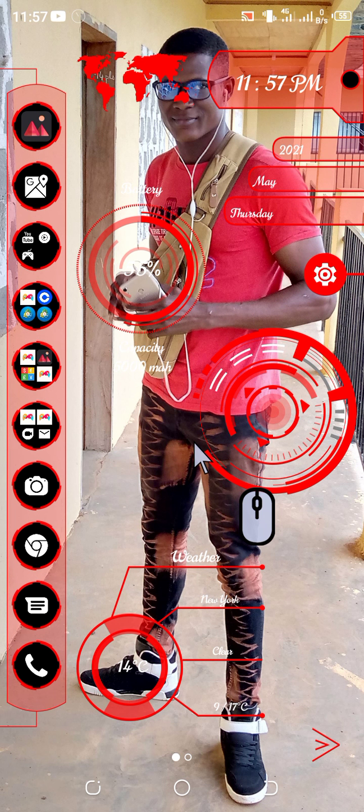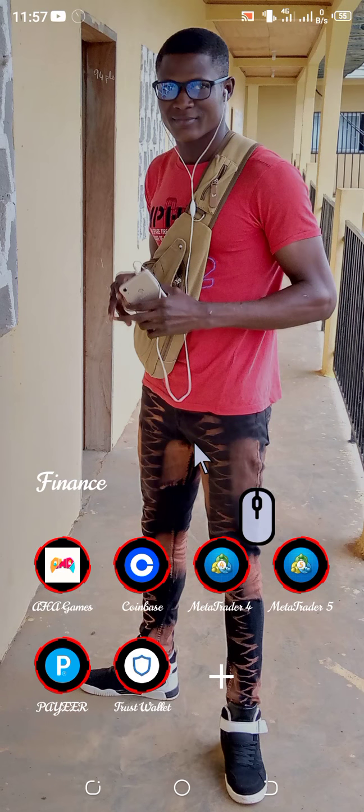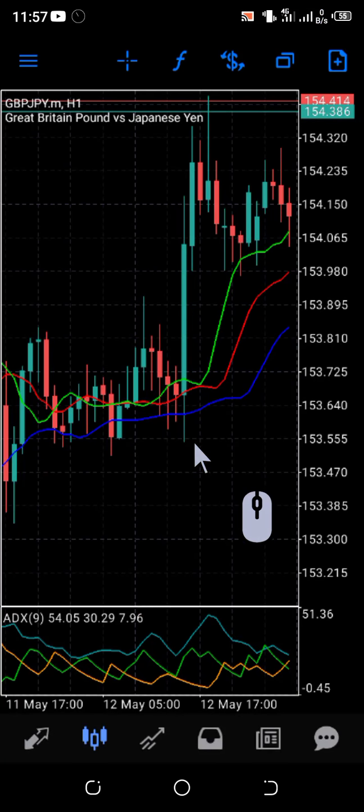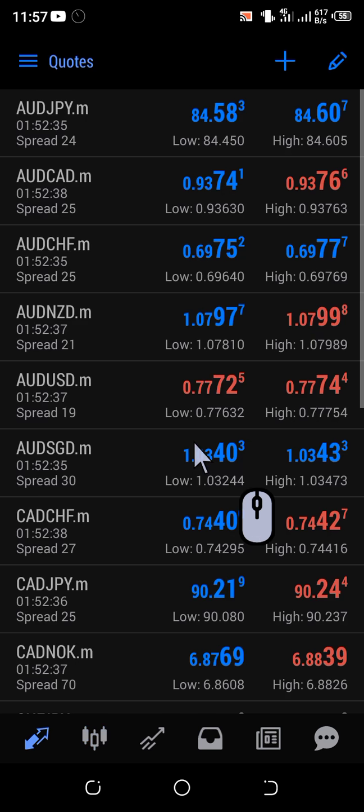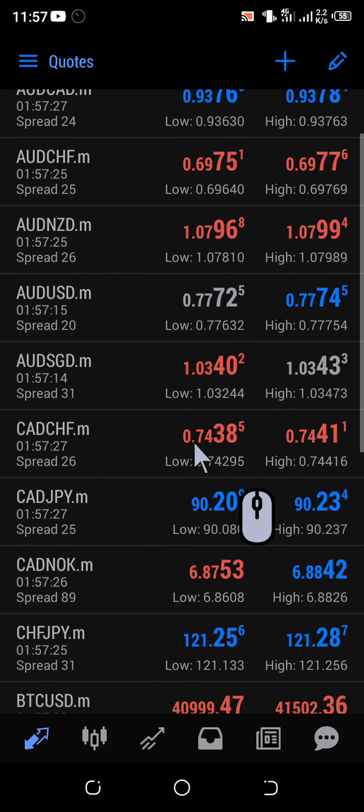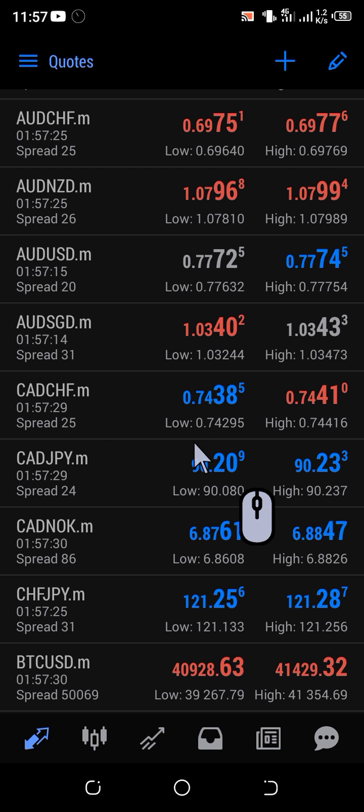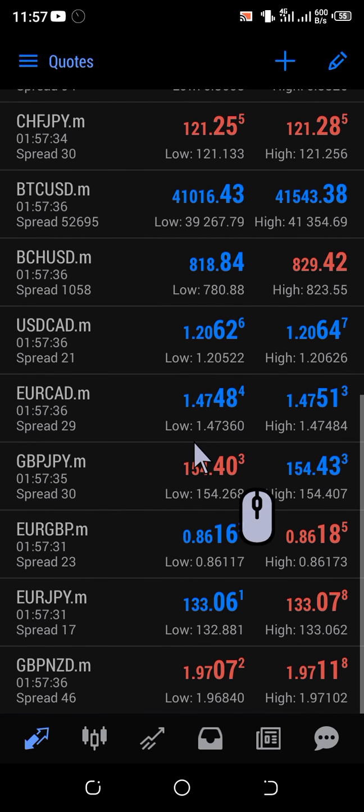So I'm using MetaTrader 5, and my broker is JustForex. So just go to your MT5 trading app. The first thing I would like you to know is that this strategy worked perfectly for me today, and the currency pair that I actually traded today was Great Britain pounds against the Japanese yen.